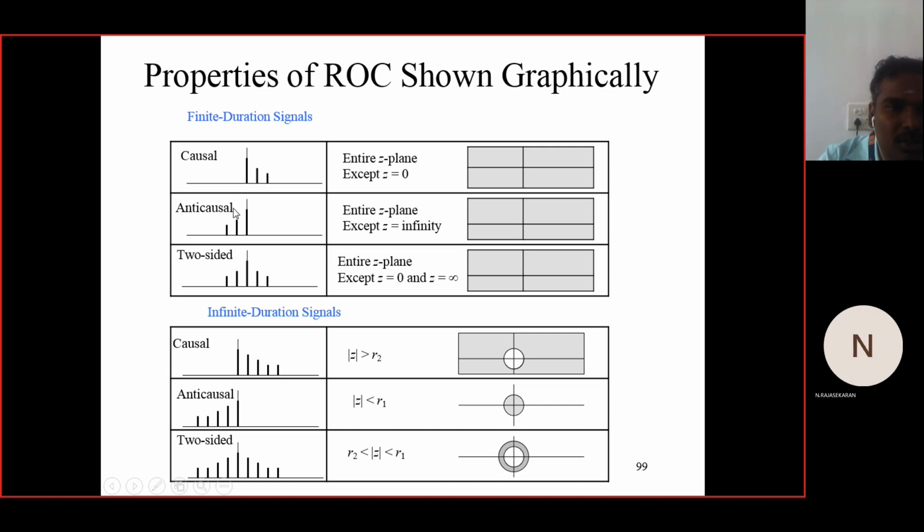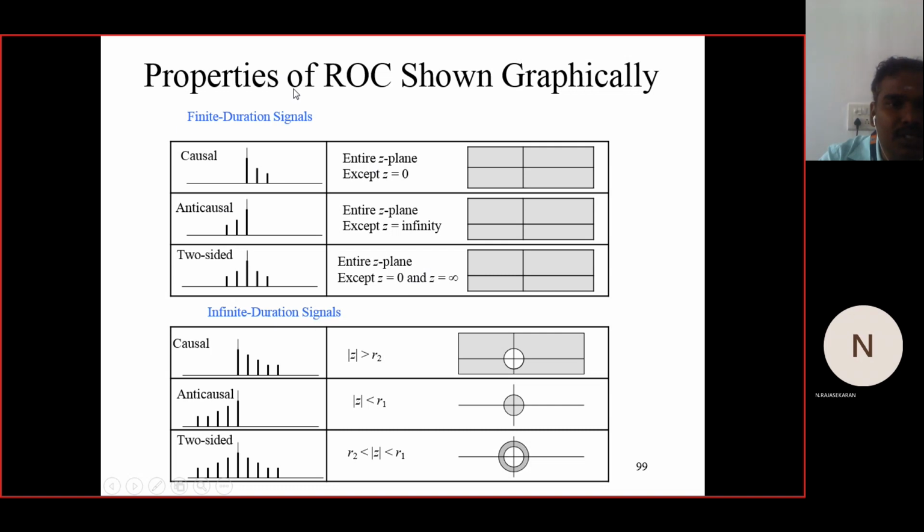Anti-causal system: the discrete time sequences are represented on the left side of the XY plane, so that is up to infinity. If it is a two-sided sequence, then the entire Z plane must be taken except 0 and infinity.